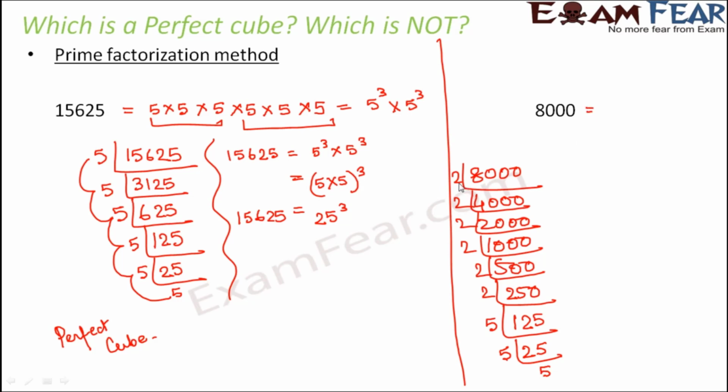So 8000 can be written as 6 twos, that is 2 into 2 into 2 into 2 into 2 into 2, into 3 fives, so 5 into 5 into 5.